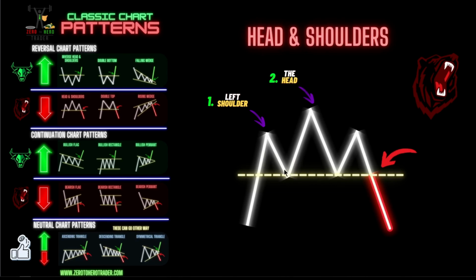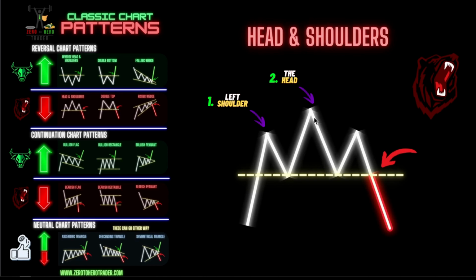Component number 2, it's going to make another higher high, get rejected again, come back down to that support level that it formed earlier, and that's going to form what you're going to call your head.